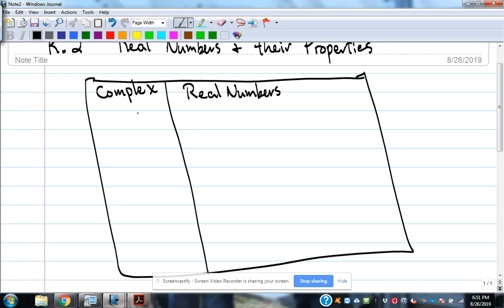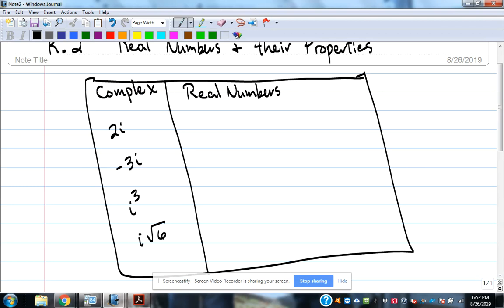Over here, you've got just the imaginary parts like 2i and -3i and i squared, i to the third power, i radical 6, stuff like that. The real numbers is where we spend most of our time in any kind of math classes, and that's where we're going to start out in Math 100.